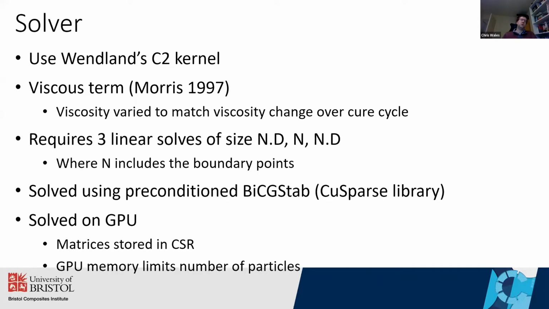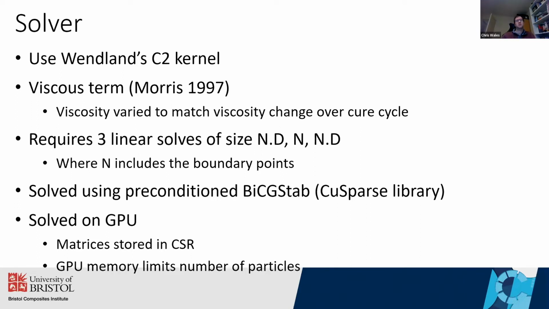So because we've got this implicit approach, we have 3 implicit solves, which are the number of particles, including the boundary particles, times the number of dimensions, n by d, for the first intermediate velocity calculation, an n by n system for the pressure solve, and then another n by d for the final velocity solve. And then we solve this using a preconditioned biconjugate gradient stabilized approach using the cuSPARSE CUDA library on a GPU.